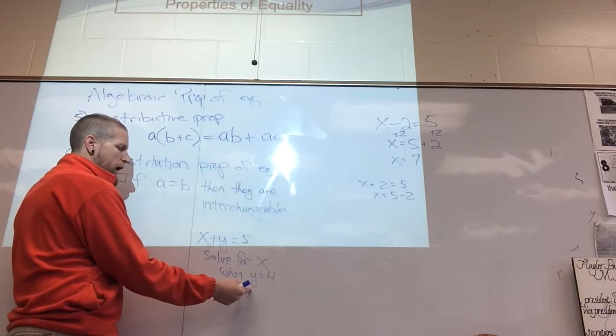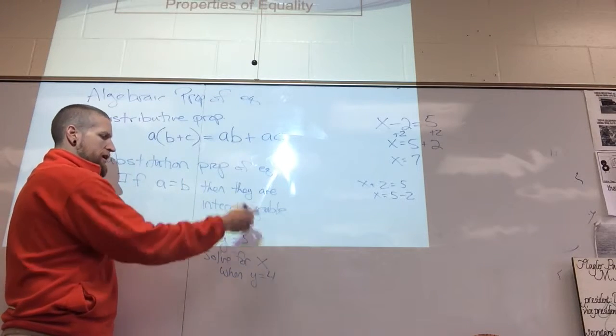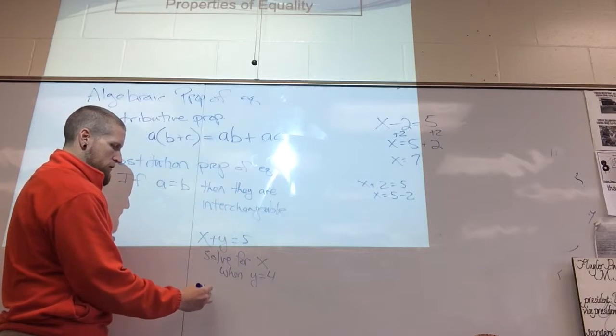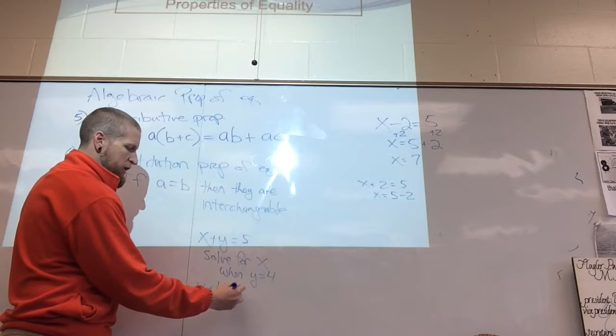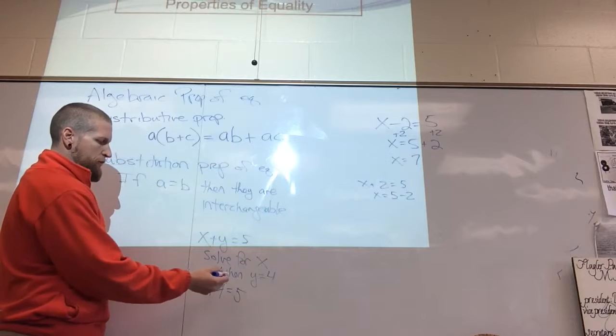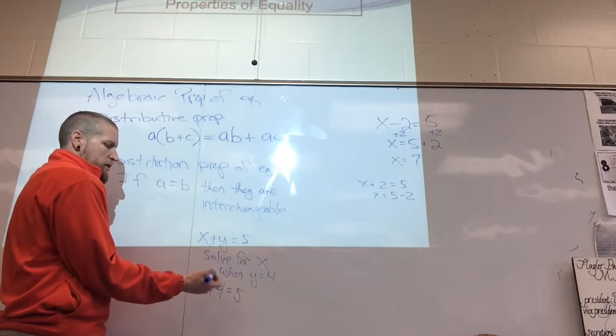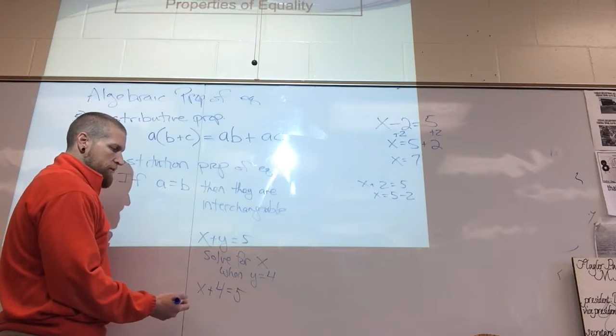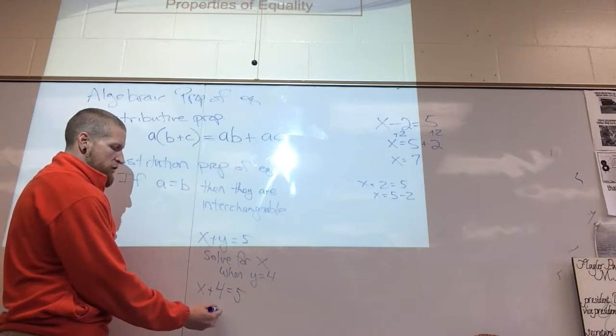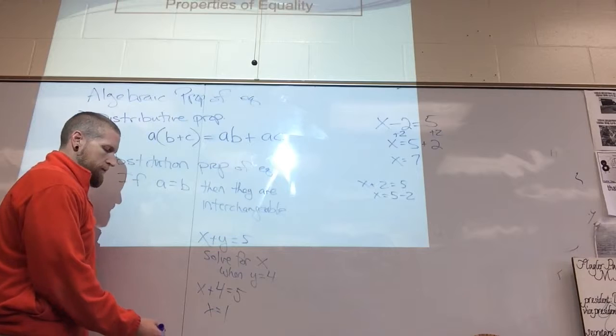But if I tell you what y equals, you can substitute it into the equation. So that right there would be you applying this property. If you got to this point and they say, why did you put 4 in there? You would say substitution property tells me I'm allowed to do that. And then you would use the subtraction property to solve it out.